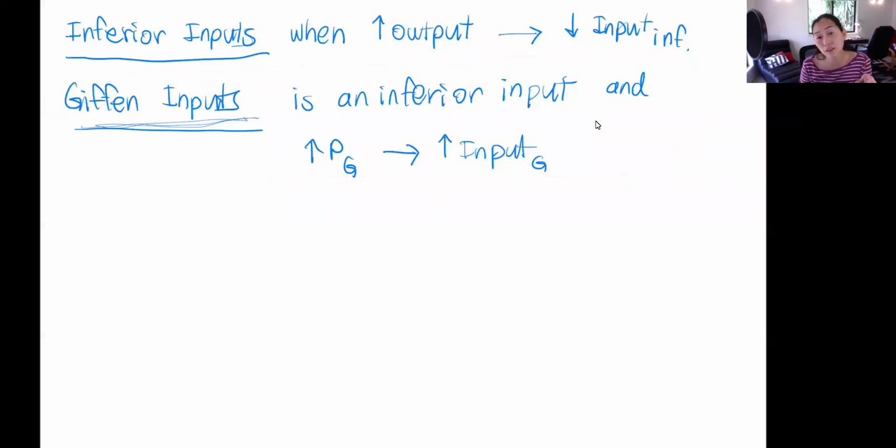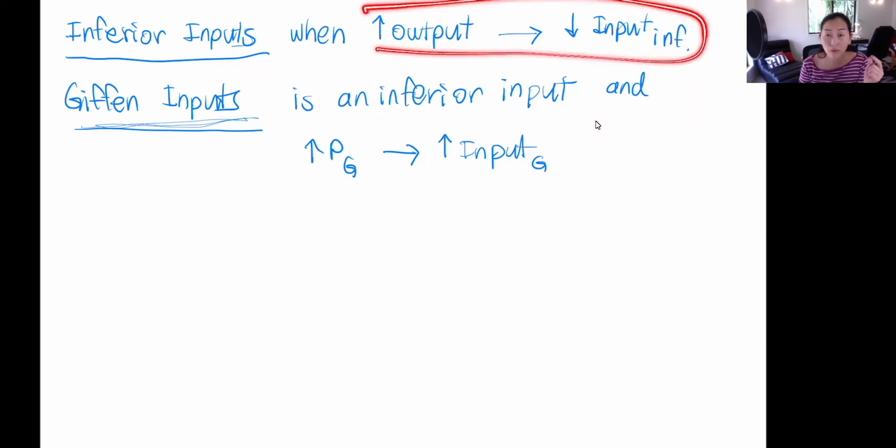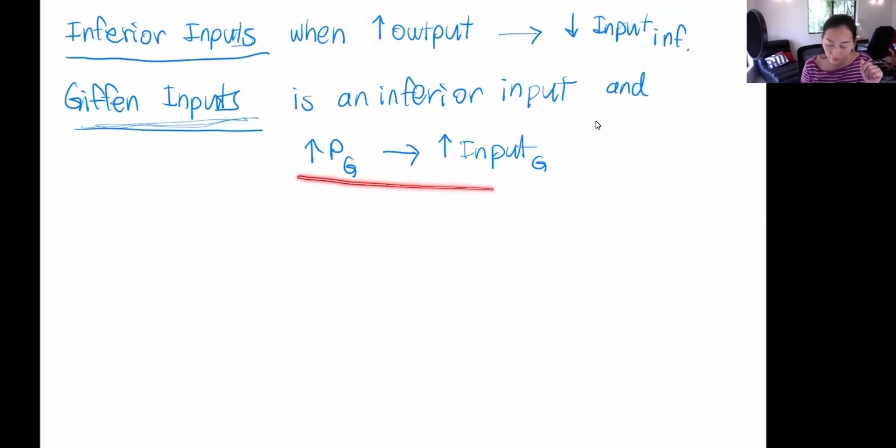The first one, it has to be an inferior input, which means that when the output increases, there would be less employment of the inferior input. And also when the price of the given input increases, the producer will increase the employment of the given input.